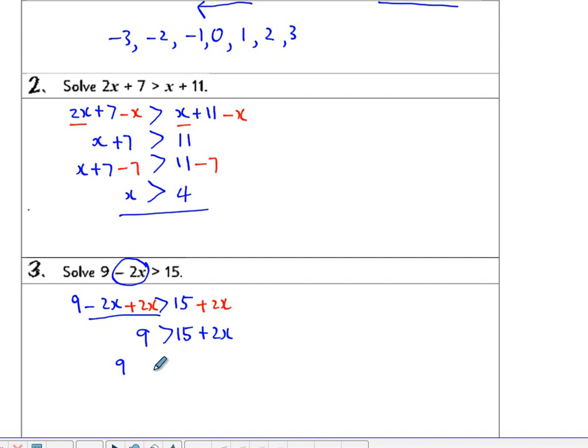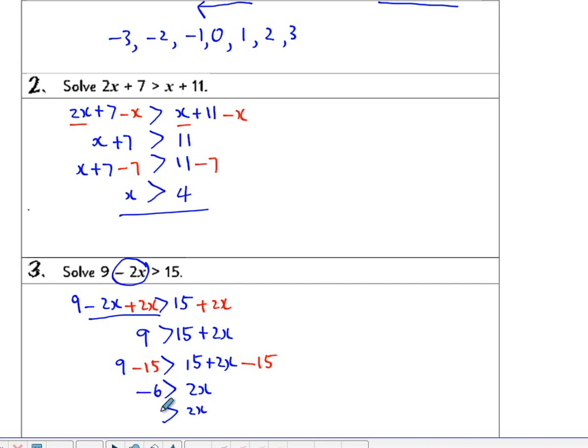The rest, same thing. Let's not forget, put the inequality sign there. So that's 9, and that's 15 and 2x. Now I want only 2x on this side. I want only x basically at the end, so take away 15 on the left and take away 15 on the right, because 15 is bothering us. Then 9 take away 15 is minus 6. So what do I do next?